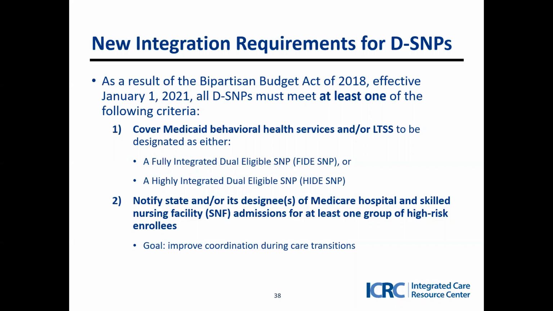FIDE SNP and HIDE SNP designation depends on the level of coverage, which we'll discuss more of in a moment. The second option here is to notify the state and/or its designees of Medicare hospital and SNF admissions for at least one group of high-risk enrollees. Again, the motivation behind doing this is to try to improve coordination during care transitions.